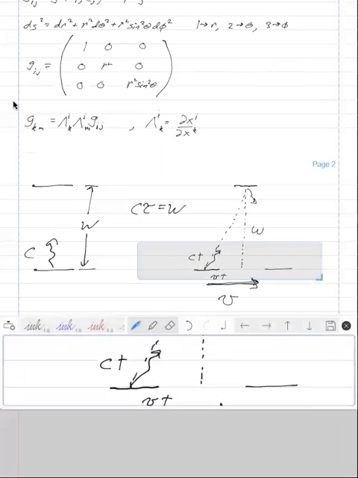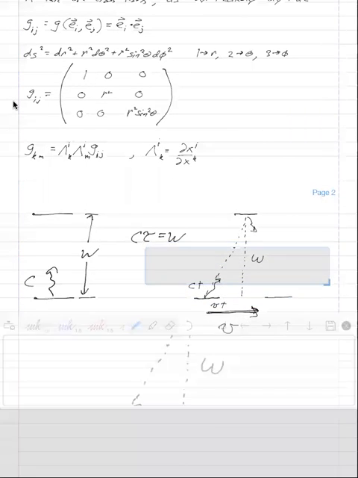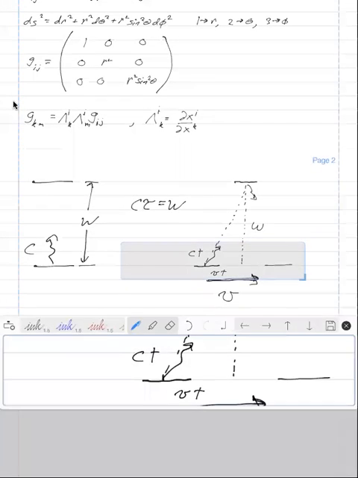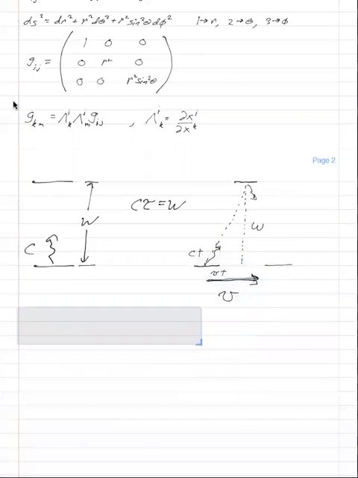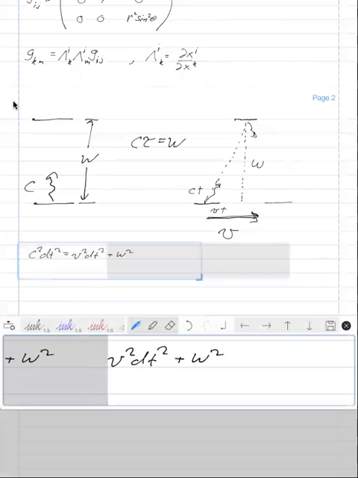It's only distances that are tangent to the motion that appear to change. So this vertical distance is still w, and then we have this relationship c times time and v times time. And so we have a triangle here, and we can just use the Pythagorean theorem to connect these two. So c squared dt squared, the hypotenuse, is equal to v squared dt squared plus w squared.